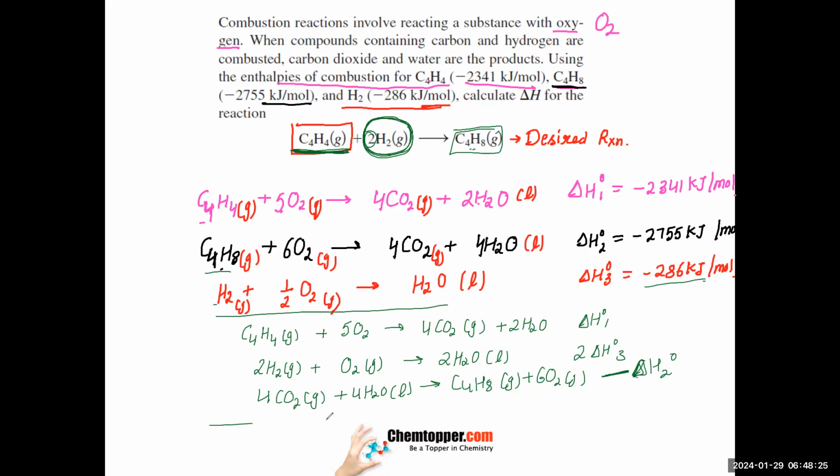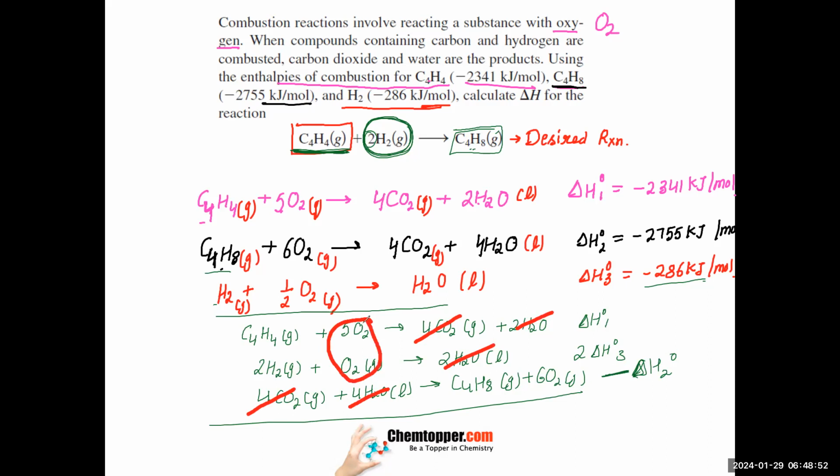Now you add all of them and see whether you are getting your desired equation. So cancel the things which are on the different sides, like 4CO2, reactant here, product here. Then you have 4H2O, correct? Then you have 6O2.